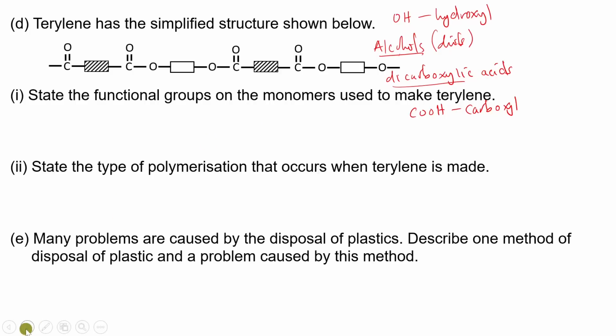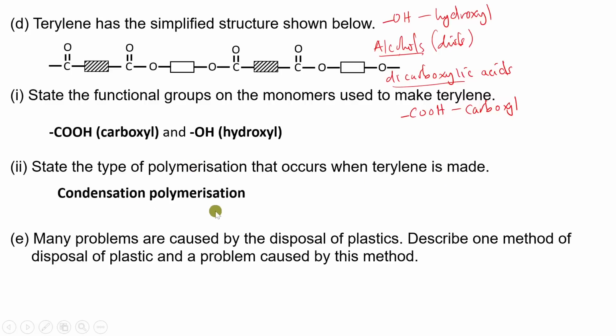In answering, this one should have a carbon here and this one a carbon there. So it is COOH, carboxyl, and OH, hydroxyl. These are the functional groups found on the monomers used to make pterylene. Then 2, state the type of polymerization that occurs when pterylene is made. The type of polymerization is condensation polymerization.